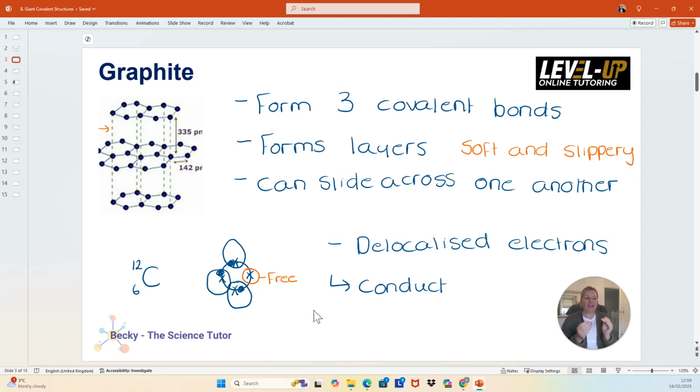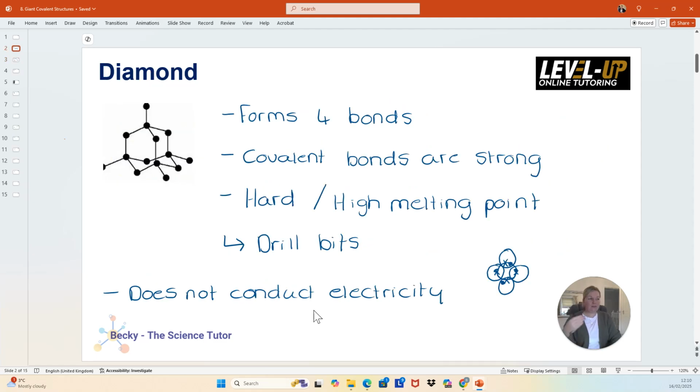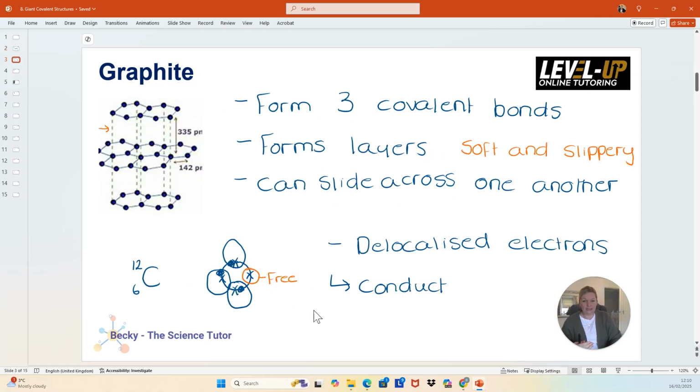So you can see there, although we've got two substances that are made from exactly the same thing, that simple change in the way that they are bonded means that diamond is incredibly hard and cannot conduct electricity, whereas graphite we would describe as being soft and slippery and can conduct electricity.